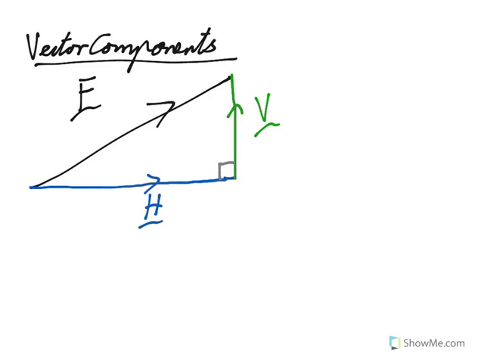So vector F is the horizontal component plus the vertical component. Alright, so of all the different components that could be made up to make a vector, the horizontal and the vertical ones are by far the most useful to us. Alright, so let's do some questions with those.